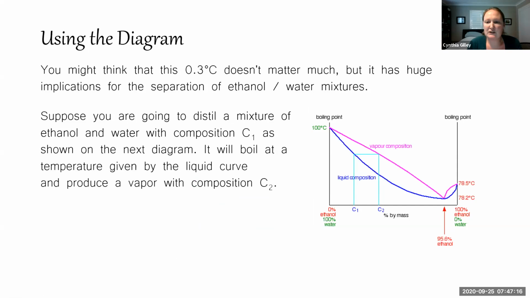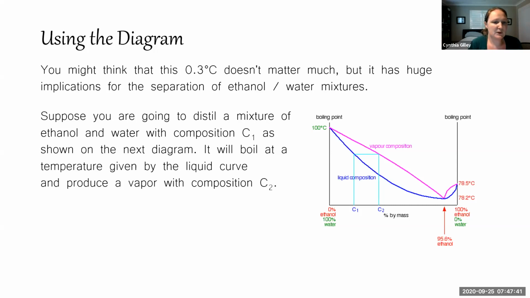Once you reach that point, the composition of the vapor above the liquid is exactly the same as the liquid, and so when you boil it, it will just condense at the exact same percentage of ethanol and water that you started out with. There's no way to separate it further than that.